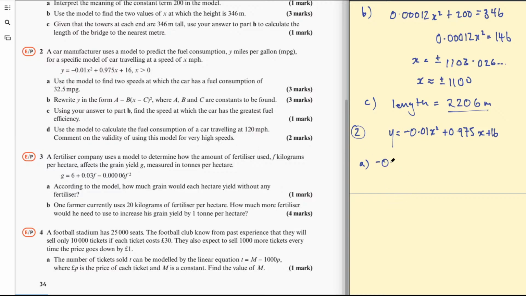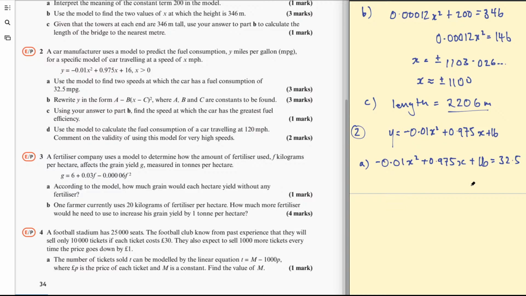So we'll have negative 0.01x squared plus 0.975x plus 16 equal to 32.5. And then we have a quadratic equation that we need to solve, and we've been doing problems like this already, so we should be fairly confident with this.